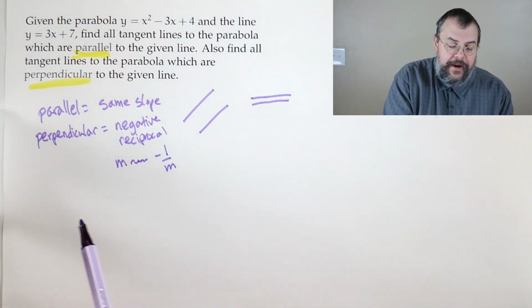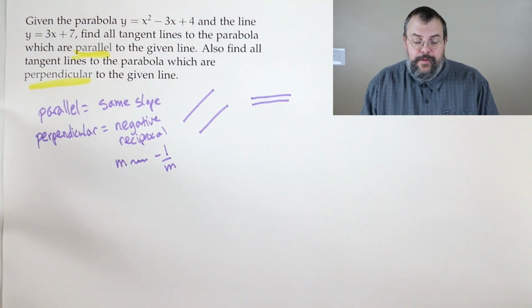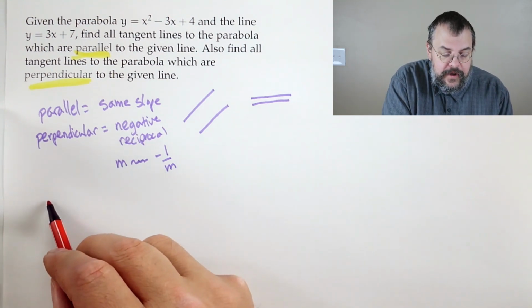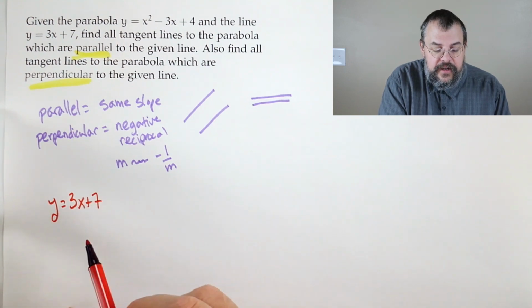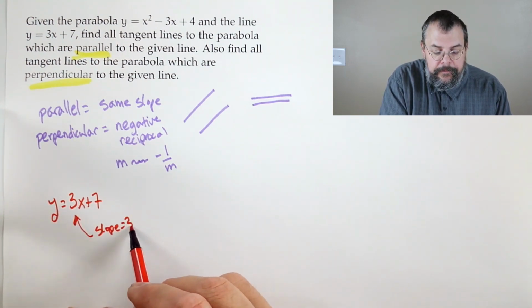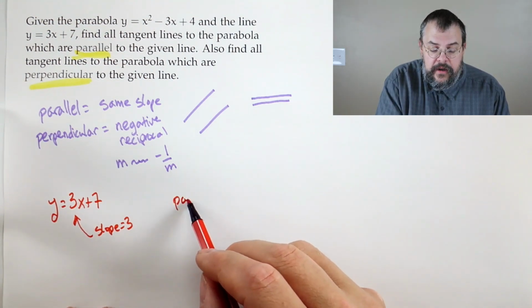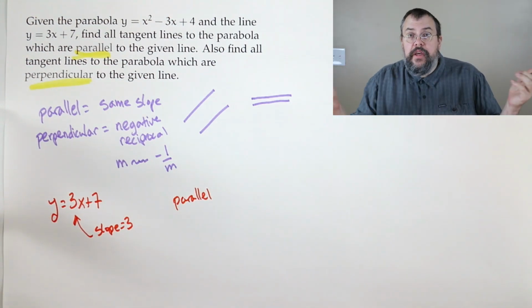Now, what do we have? Well, we have our parabola and we have our line. Let's look at our line, y equals 3x plus 7. Our slope is 3, which means if we want to be parallel, we need our tangent line to have slope 3.